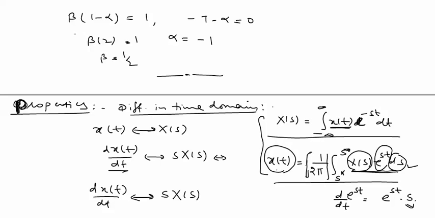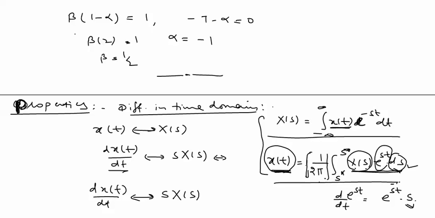I repeat, x(t) equals, this is the inverse formula. If I differentiate this term, it means differentiation in this domain also. This term is constant, 1 upon j 2 pi, constant from s complex to s. X(s) has no element of t, it does not depend on t.